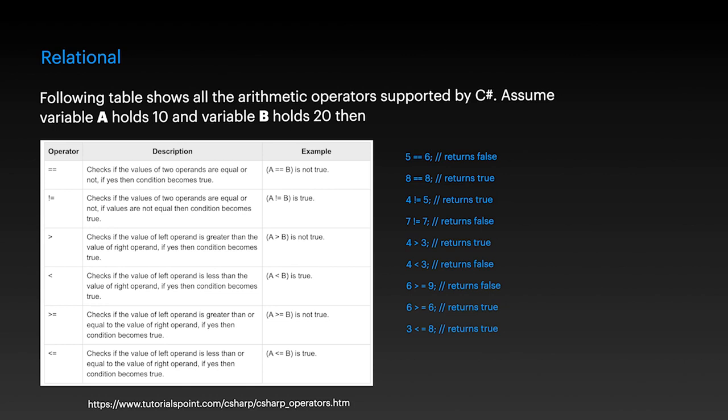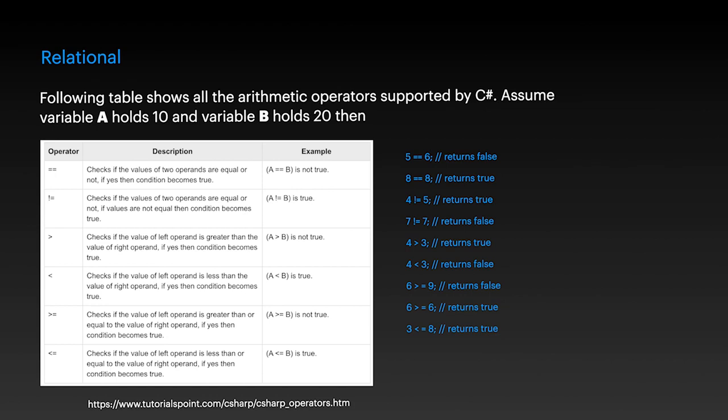Because 10 is not equal to 20. Another one, the third one, is whether A is larger than B. A larger than B is not true because 10 is not larger than 20, right?